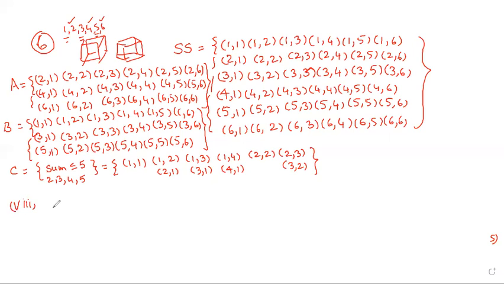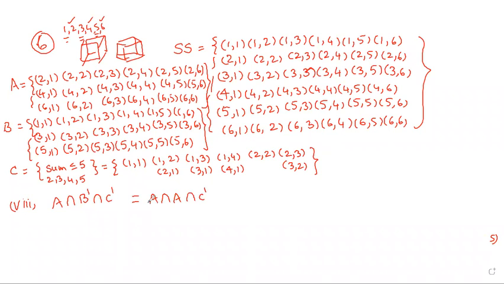A intersection B dash intersection C dash. Okay? A intersection B dash intersection C dash. First find out B dash: not B means the same A. So A intersection B dash is the A only.